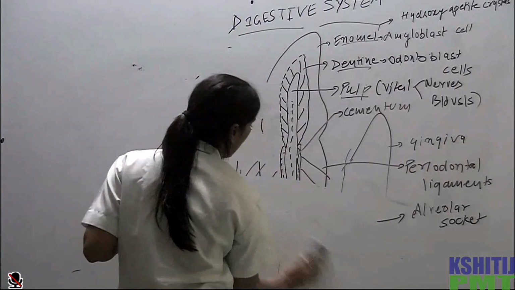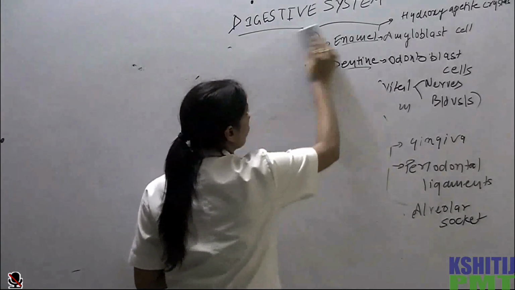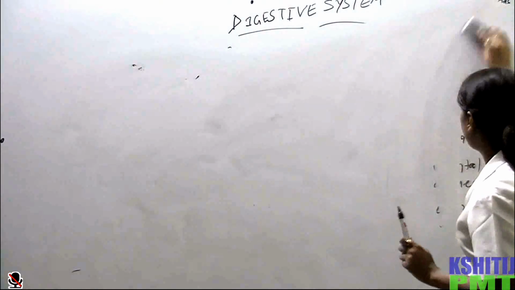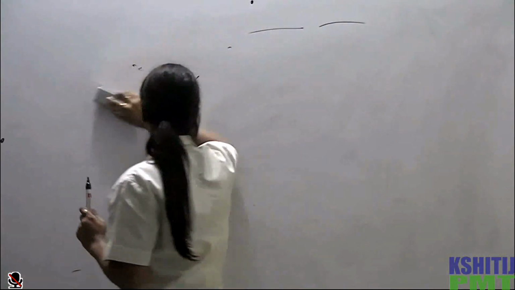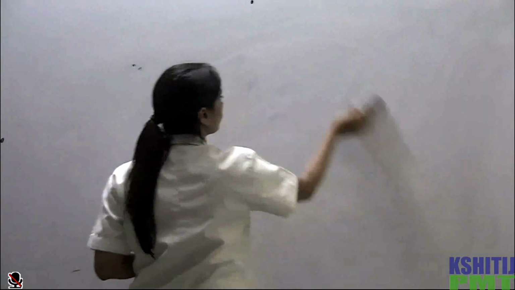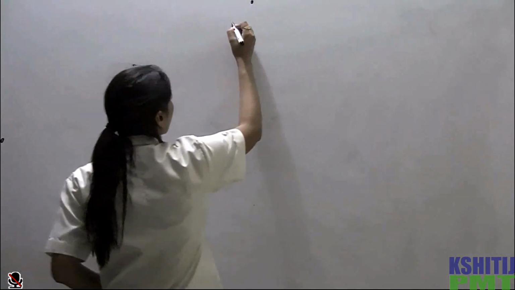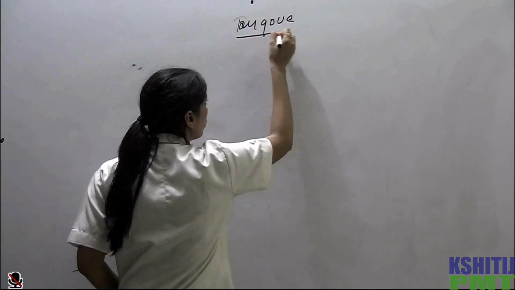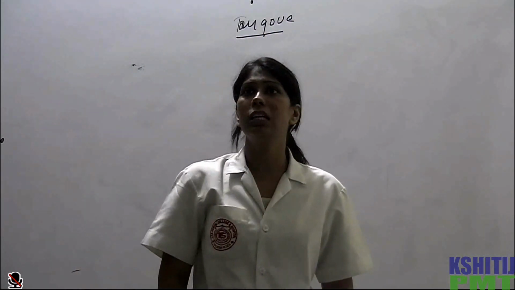Now, after this, we'll go for the tongue part. The tongue is a muscular organ which is needed for taste.